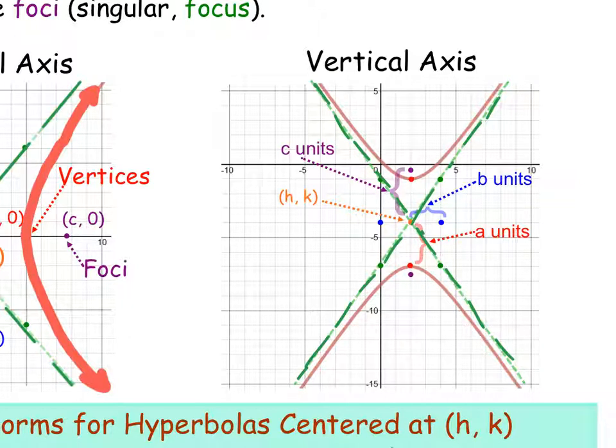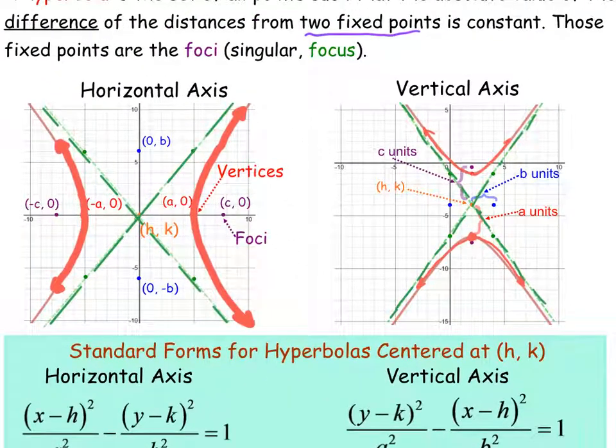Then again, once you have your asymptotes drawn, you'll find one of those vertices and make sure you're using the vertex, not the co-vertex, and then just draw a curve towards the asymptote, both directions, and then go to the other one. Draw that. So here we have a vertical hyperbola. There we just drew a horizontal hyperbola.